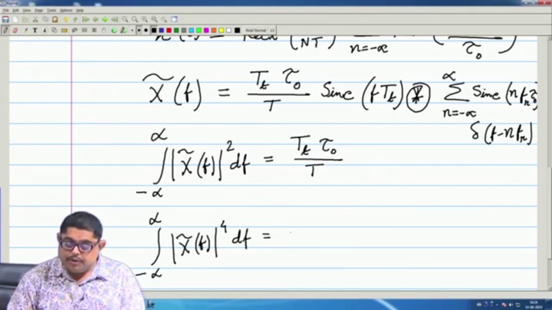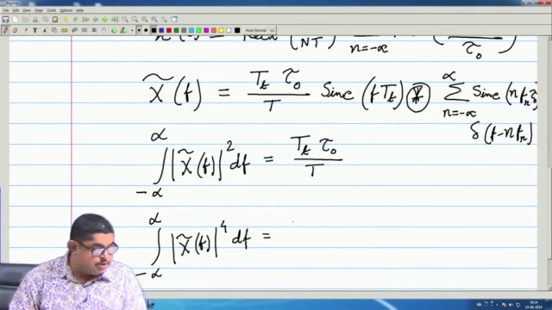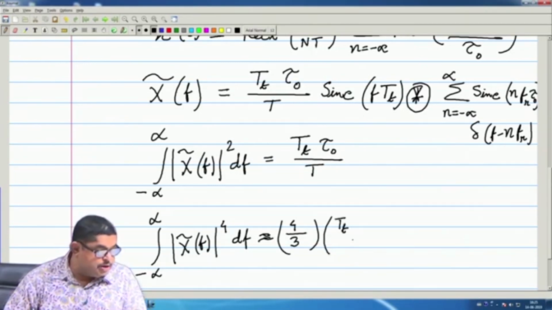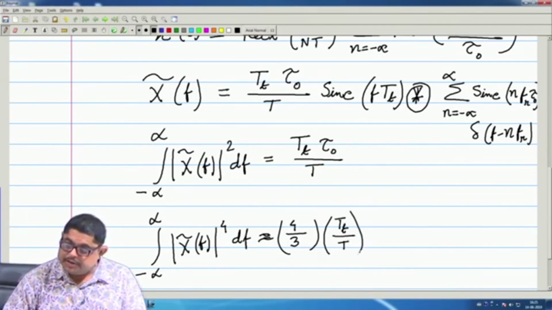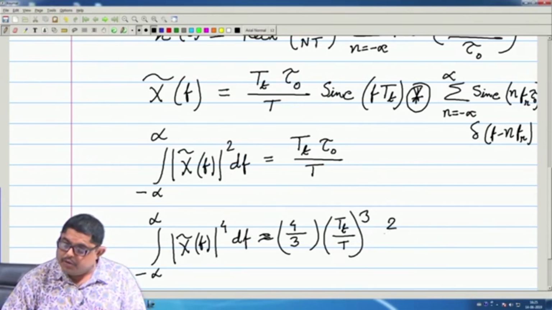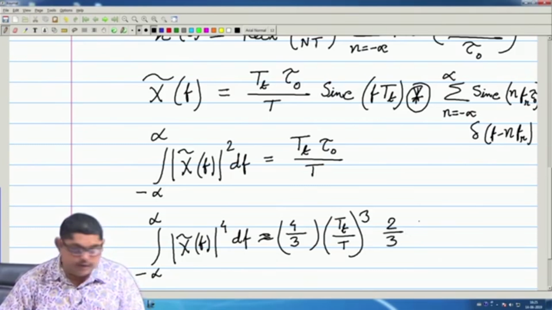If we do that, it will come approximately as 4 by 3 (T T by T) whole cube, 2/3.